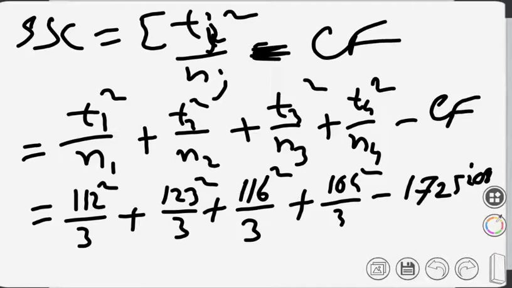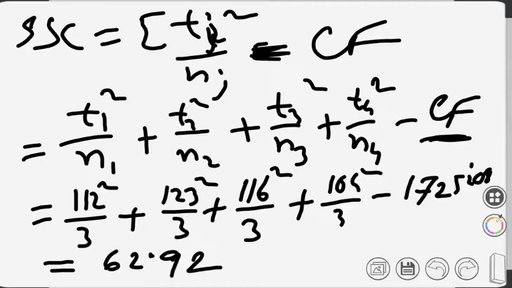How much is that? 62.92. I have also got 62.92. Sir, you have to subtract CF, 17252.08. The answer is 62.92, SSC.